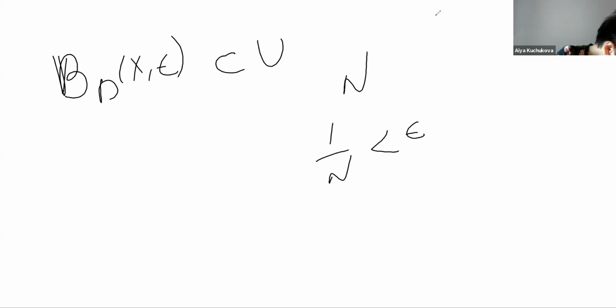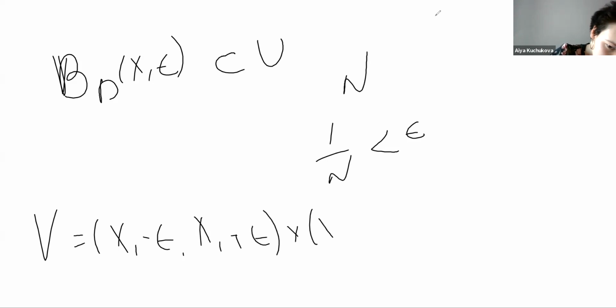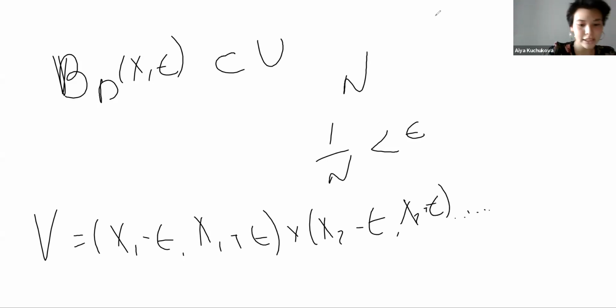Basically what happens is we take that V, which is (x_1 minus epsilon, x_1 plus epsilon) times (x_2 minus epsilon, x_2 plus epsilon), and so on. Where epsilon is the same radius.